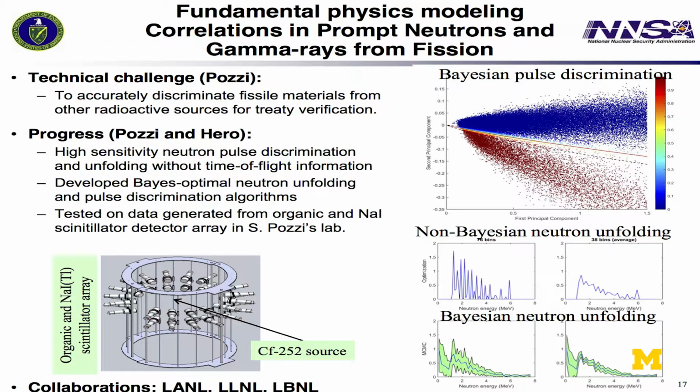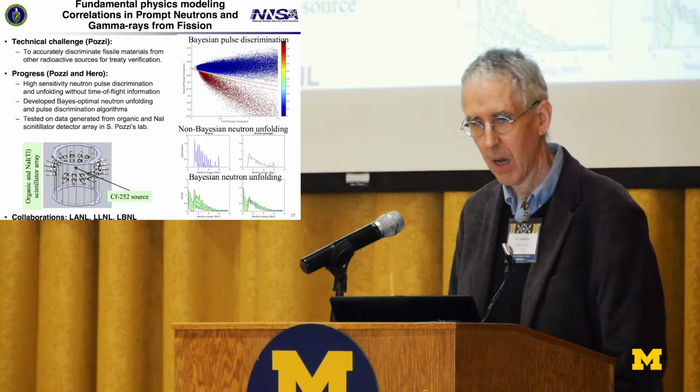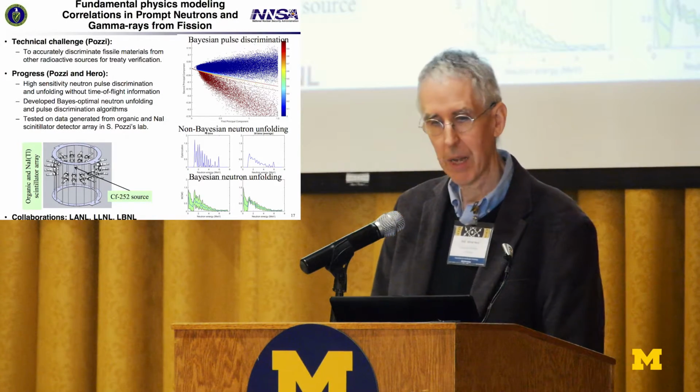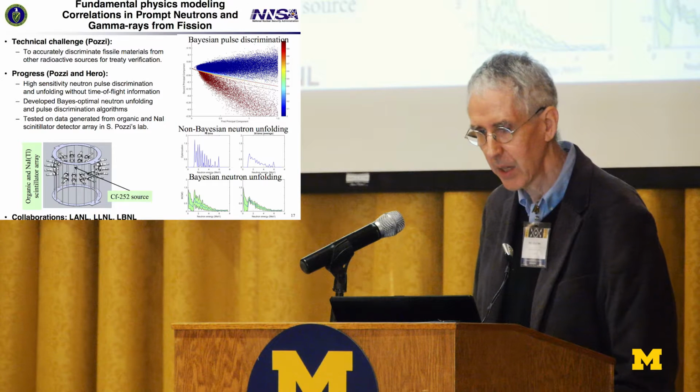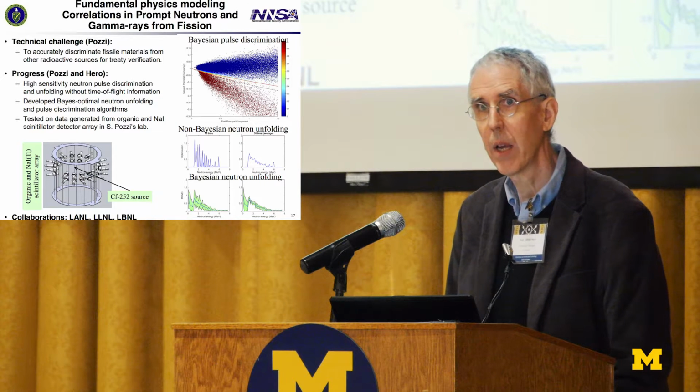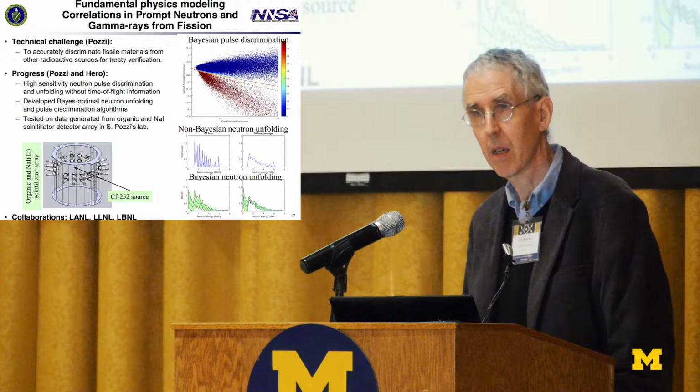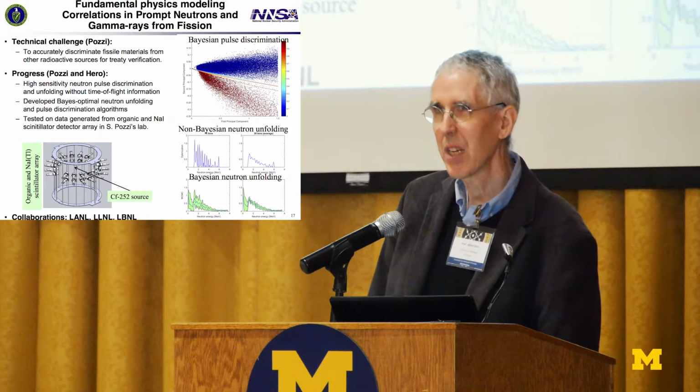Finally, in the fundamental physics modeling area, this is work that's joint with Sara Pozzi's group, Angela Di Fulvio. We've been looking at improving the methods to basically estimate concentrations of neutron and gamma photon in fissile materials as a way to avoid complicated coincidence type detection schemes.